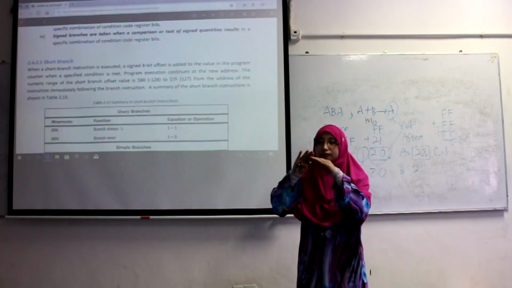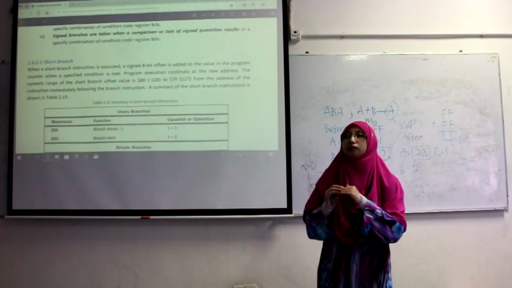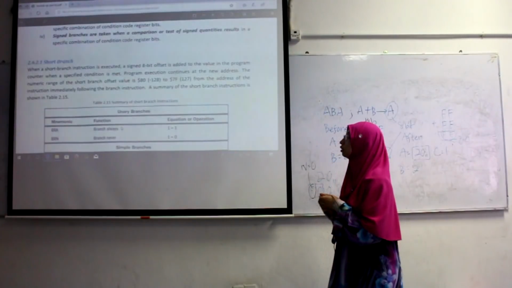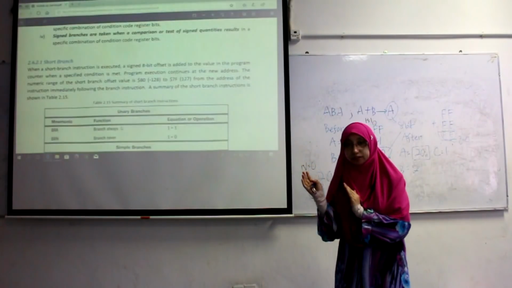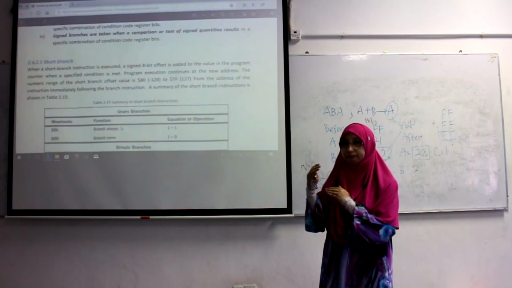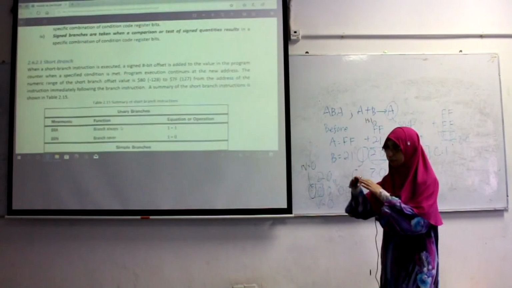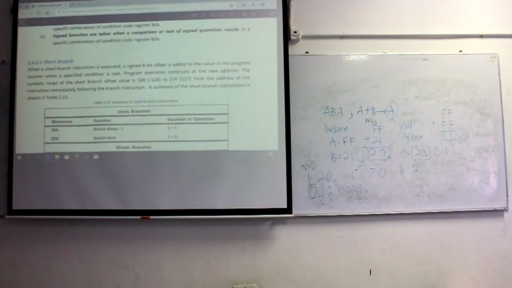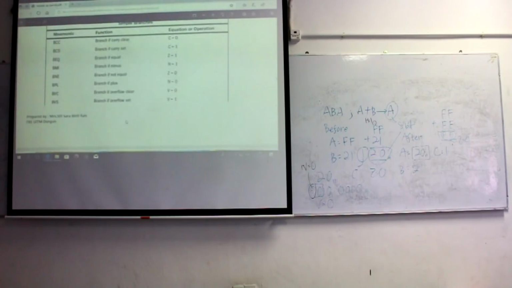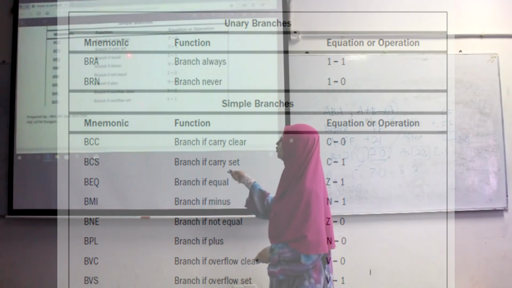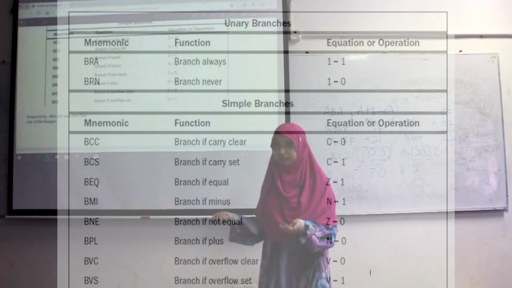So when we try to recall the instruction, for the short branch the target must be near. For the long branch it can be far. This is for simple branch, which uses the CCR as a condition.